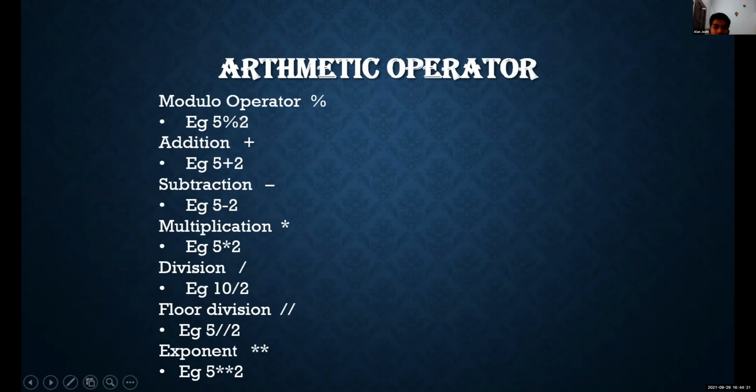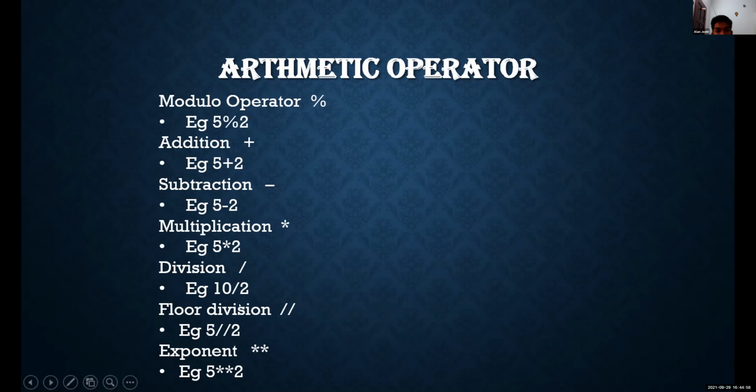Here we are taking the remainder, not the quotient. 5 modulo 2 is 1. The next one is addition, example 5 + 2. Subtraction, example 5 - 2. Multiplication, example 5 * 2. Division, example 10 / 2. And Alan, give the result also.